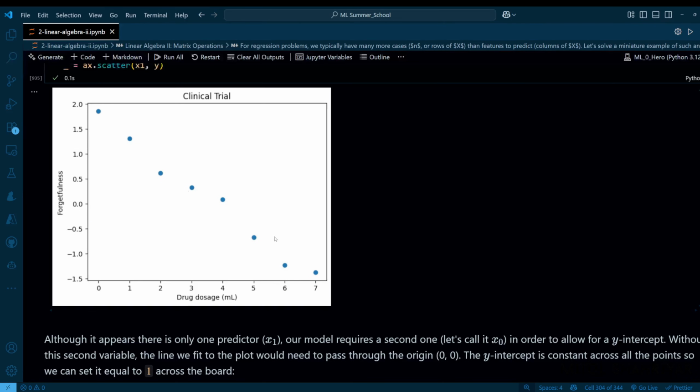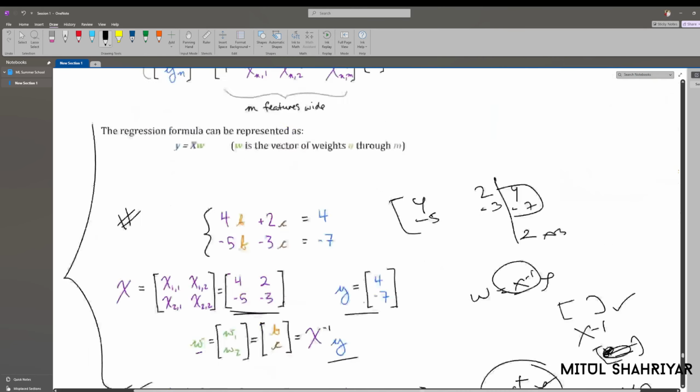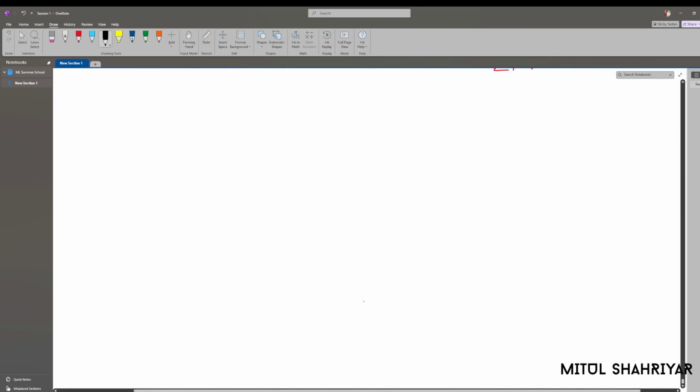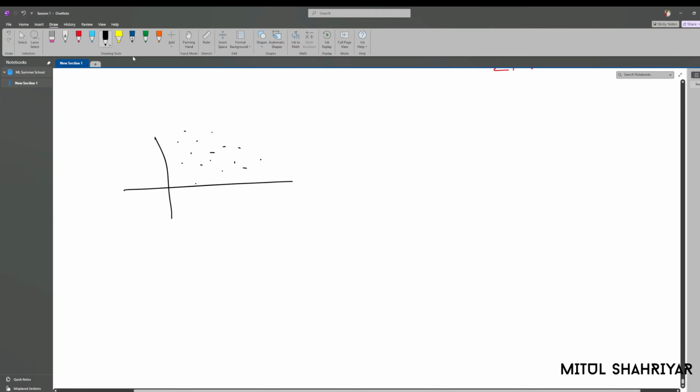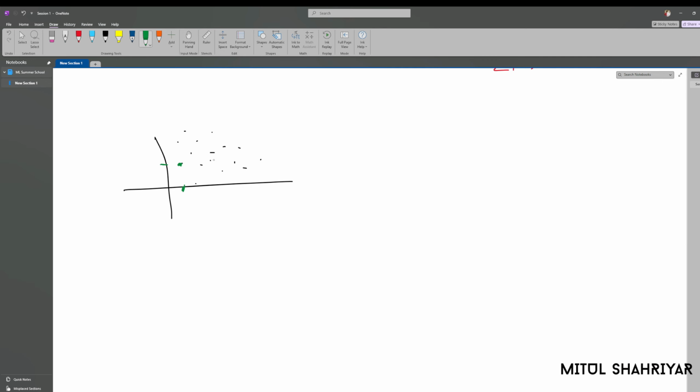Now our goal is to find a line between these points. Why do we want to find a line? Let me clarify. The goal of linear regression models is, for example, if we have lots of points, each for a particular X and Y, this is the real life data.